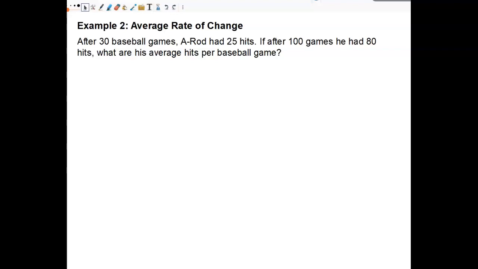Average rate of change with respect to sports. So after 30 games, A-Rod had 25 hits. After 100 games, he had 80 hits. What is his average hits per game?